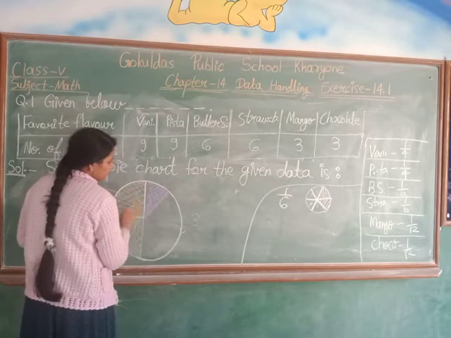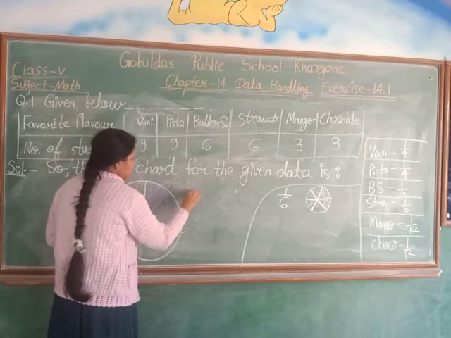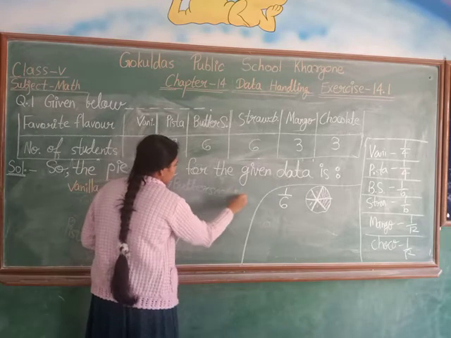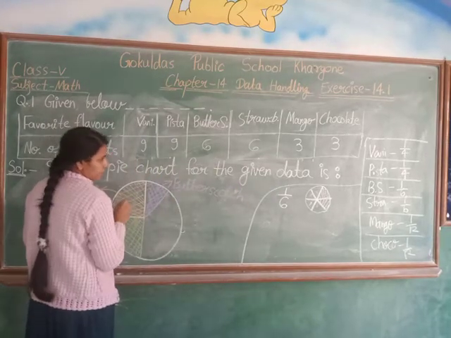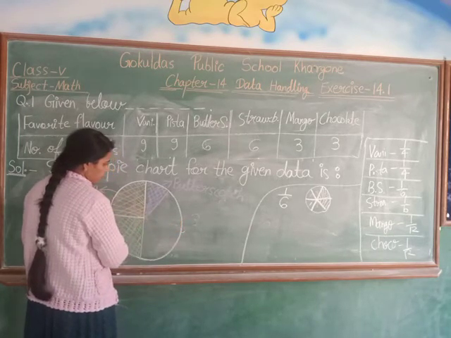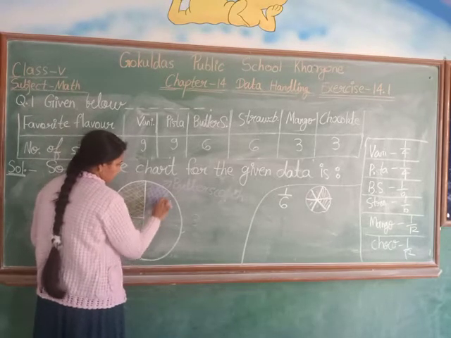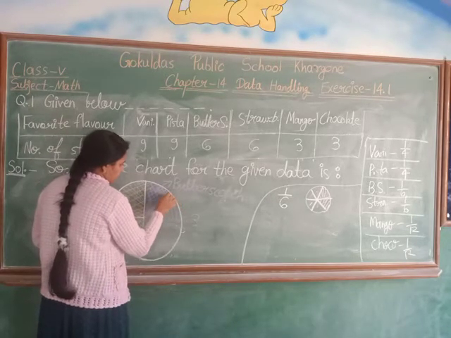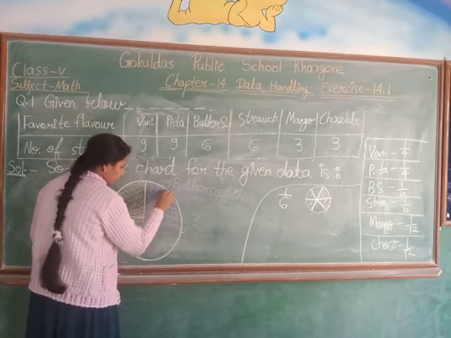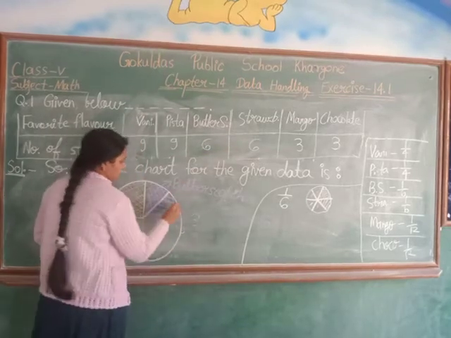So this part is butterscotch. Now this part is showing strawberry.